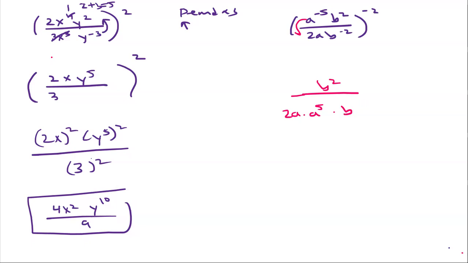Now I can bring this b to the negative 2 to the top, so that becomes b to the power of 2. So then this becomes b to the 4th over 2a to the sixth power.